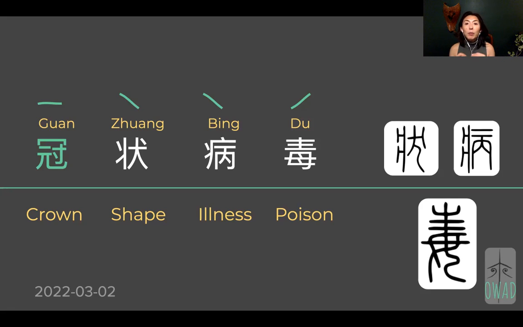So that's a kind of poison. And I think it's pretty appropriate for an uncontrollable virus, poison, paired with pretty ill, like a serious sickness, together it means virus.